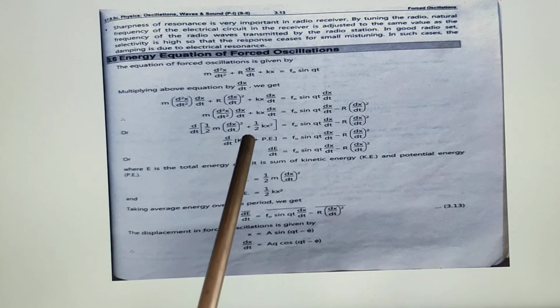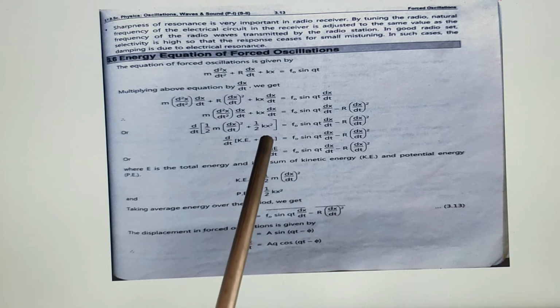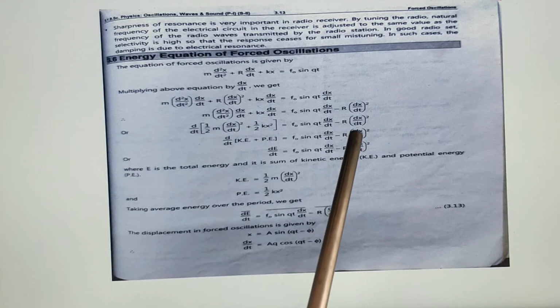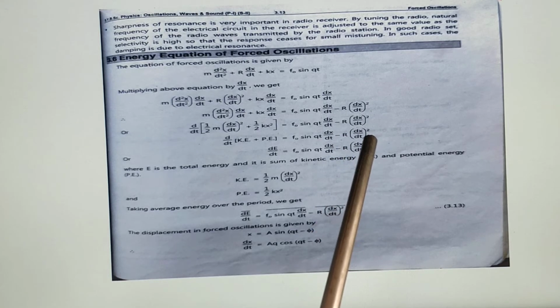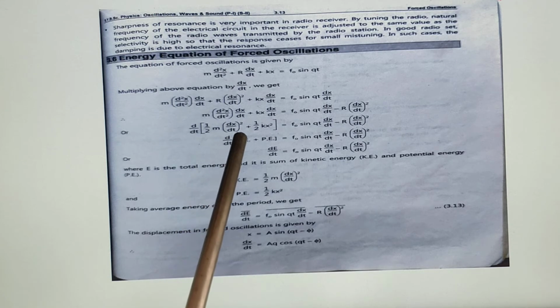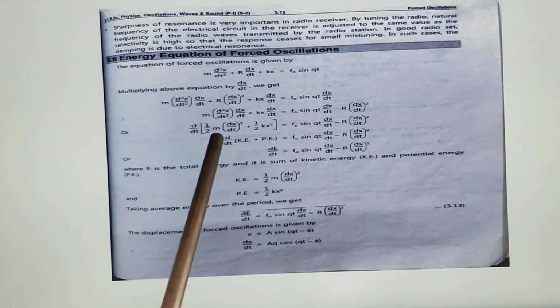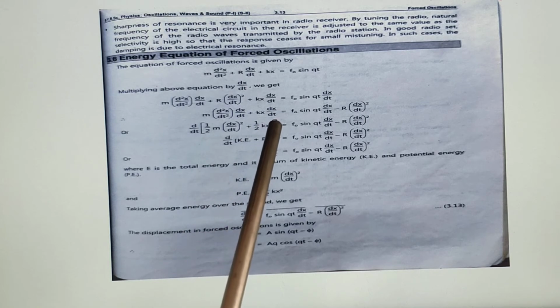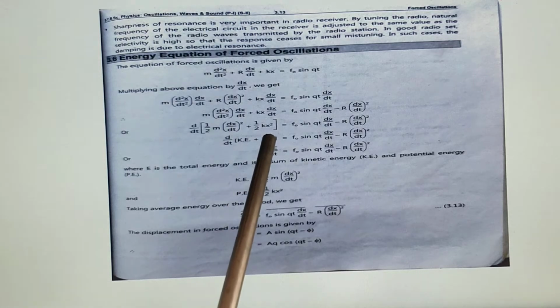We write this equation in the form d by dt of half m (dx by dt) bracket square plus half kx square equal to f naught sin qt dx by dt minus r (dx by dt) bracket square. Okay. So instead of the term m d2x by dt square into dx by dt we write half m (dx by dt) bracket square, and in terms of kx dx by dt we write half kx square.